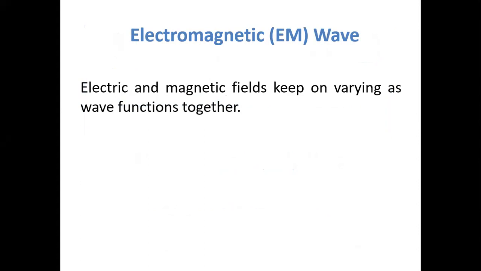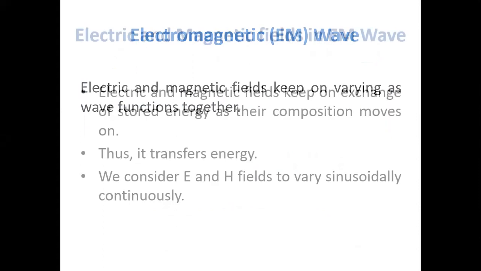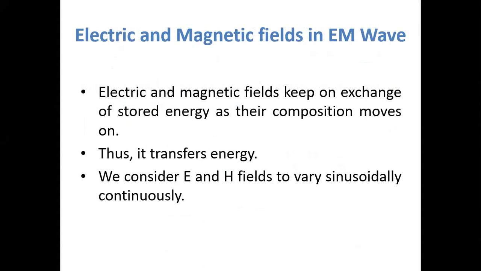We'll shortly show you the basic form of a wave function. And since these fields can store energy, like the stable circuit we discussed, they store energy in one cycle and release it in the other cycle.